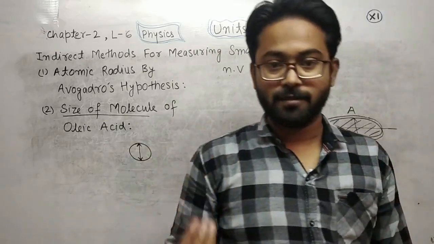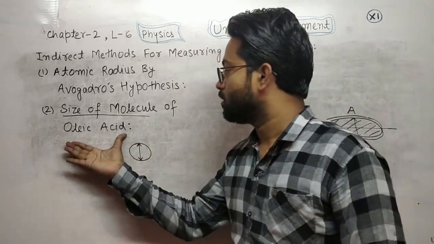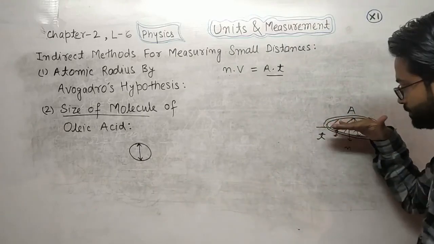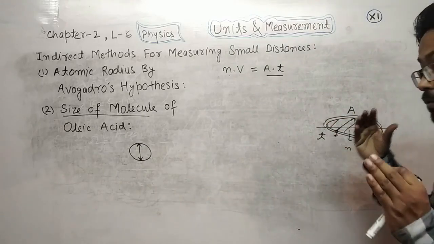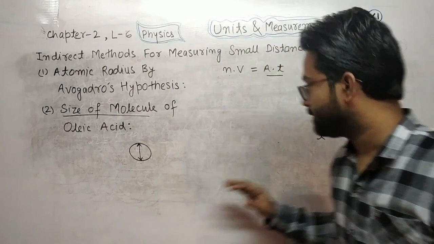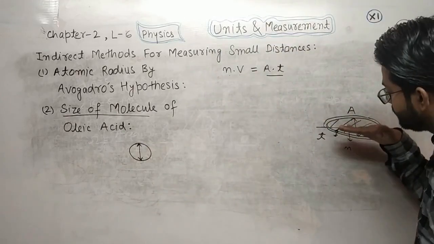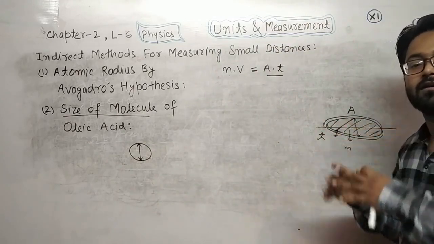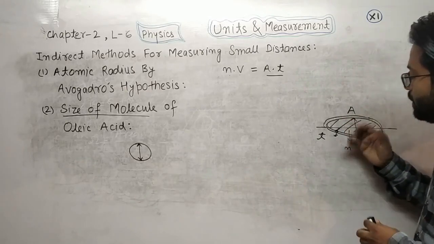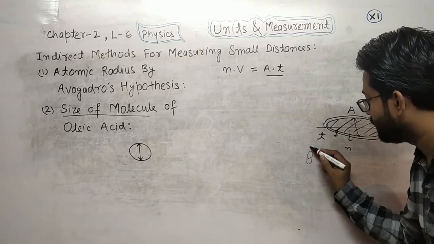But if we spread only oleic acid on the surface of water, if only oleic acid is present, then the oleic acid will not make a unilayer. It will not be a unilayer.